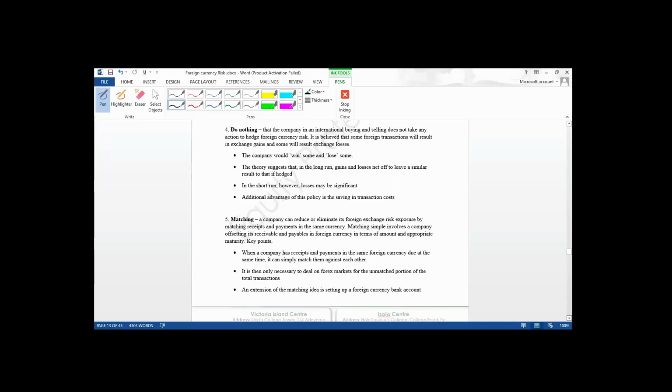By matching, you can reduce your exposure to foreign currency risk. It is only the unmatched aspects that will now be hedged.